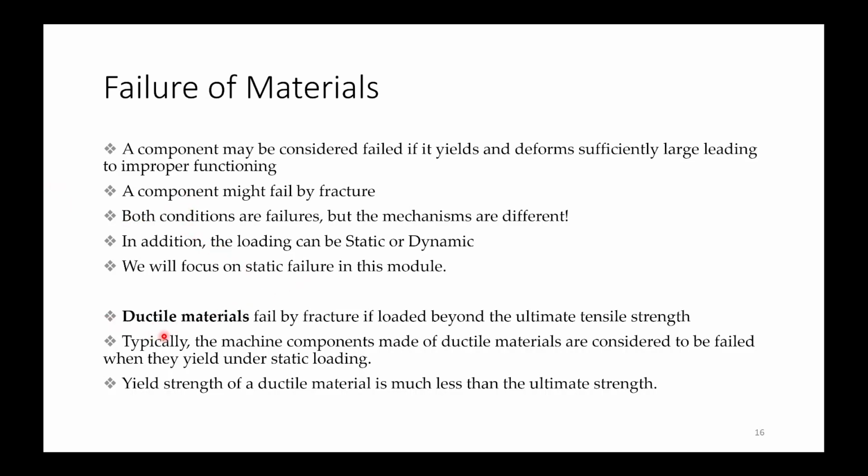Now ductile materials fail by fracture if loaded beyond the ultimate tensile strength, and typically the machine components made of ductile materials are considered to be failed when they yield under static loading. Now yield strength of a ductile material is much less than ultimate strength.